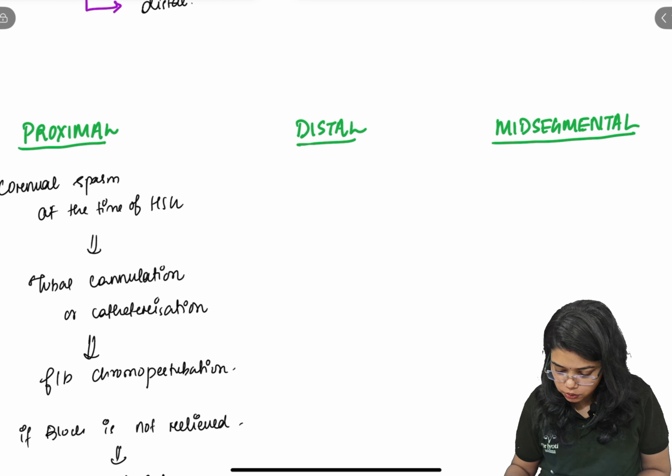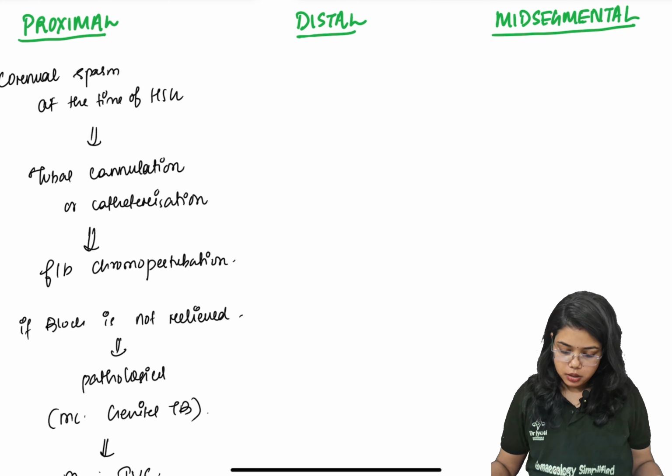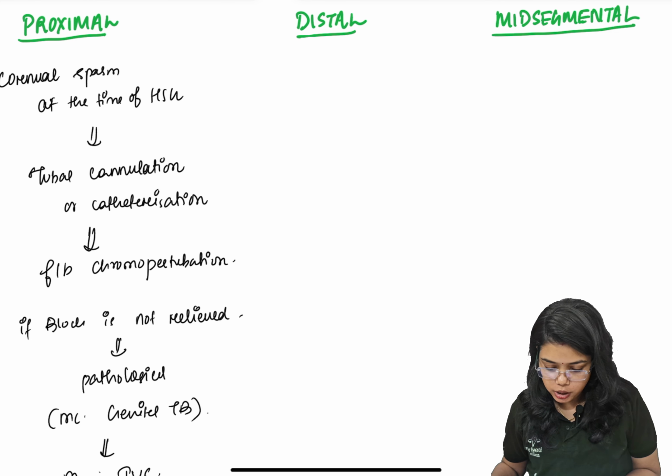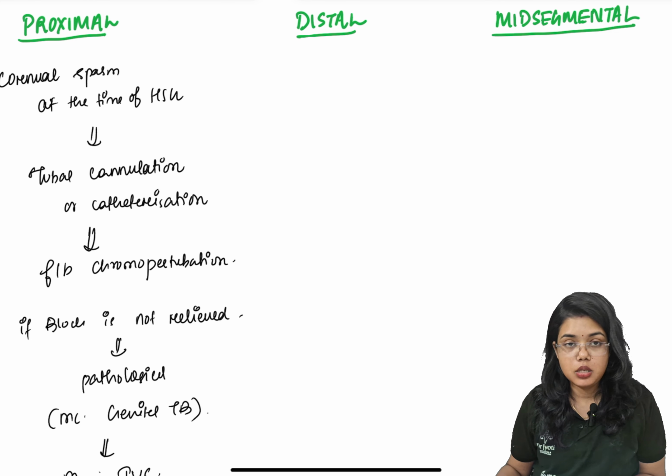Okay, the distal part. See, 85% of all tubal infertility is due to the distal blockage.